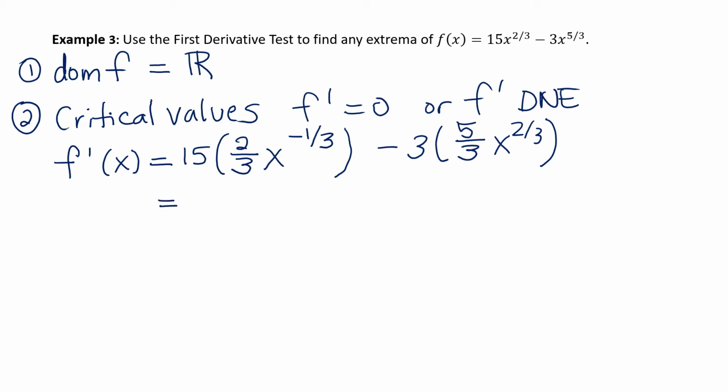Let's continue to simplify this. 15 times 2/3 is 10 as the constant. And let's move that negative 1/3 power into the denominator so we can write it as positive 1/3. Then we'll have minus 3 times 5/3 is 5. And we still have x to the 2/3. In order to add or subtract fractions, we need a common denominator. So here our common denominator would be the x to the 1/3.